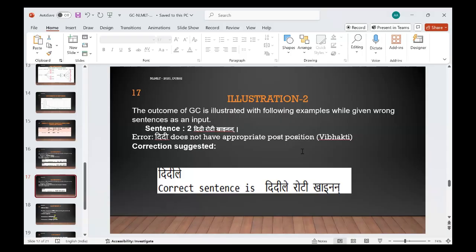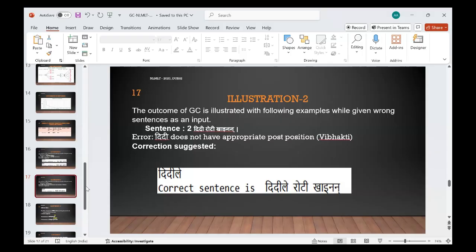If you see the white background corrected suggestion, the correct sentence is Didi le roti khainan. Le is the post position, the third letter introduced after the first word. That is called vibhakti, post position. It has to be there so that the sentence becomes grammatically correct.